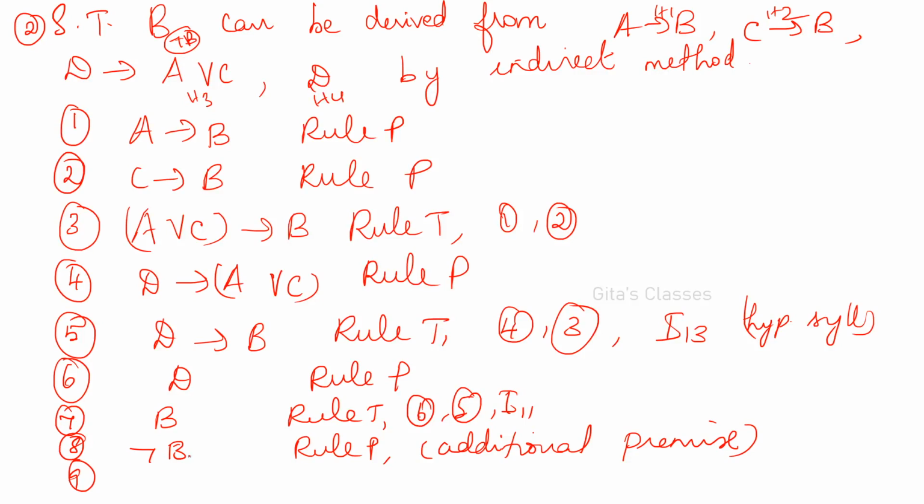So next step is I have B and not B, so B and not B, that is rule T, from 7 and 8 and I9 conjunction. Now we have arrived at a contradiction, B and not B. Therefore B can be derived from the given set of premises.